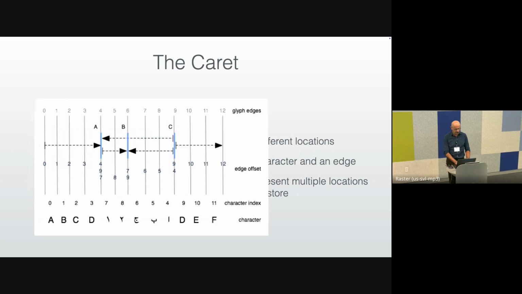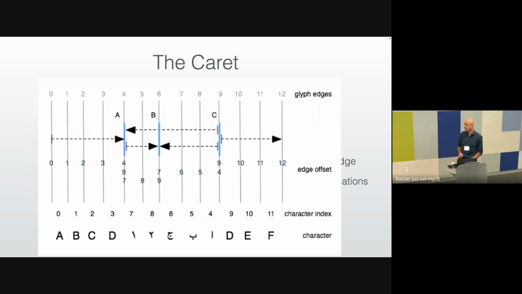The caret may just be a single flashing line, but this is text with a left to right main direction, A, B, C, D, and then there's Elif, Ba, which is character 4. Character 4 is Elif, the 5 is the Ba, and then 6 is the Jim, and then character 7 is the number 1, 8 is number 2, and then 9 is D, E, F.